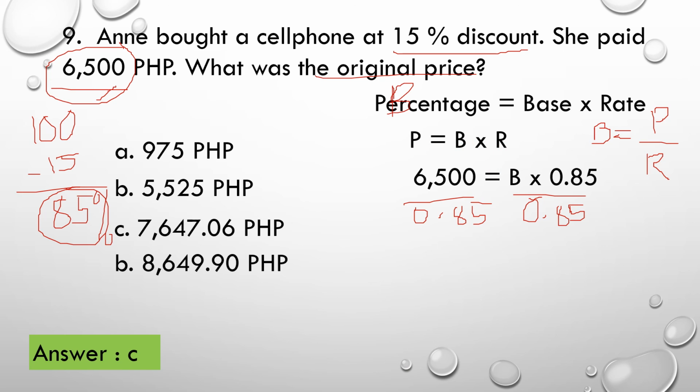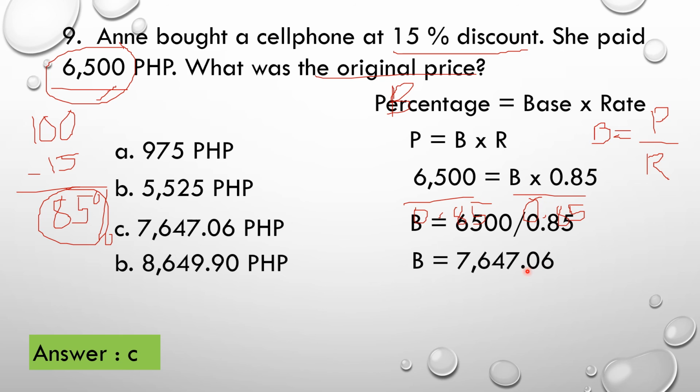Okay, so now here, B is equal to 6,500 divided by 0.85. And that is equal to the base price now, or the original price, which is 7,647.06.